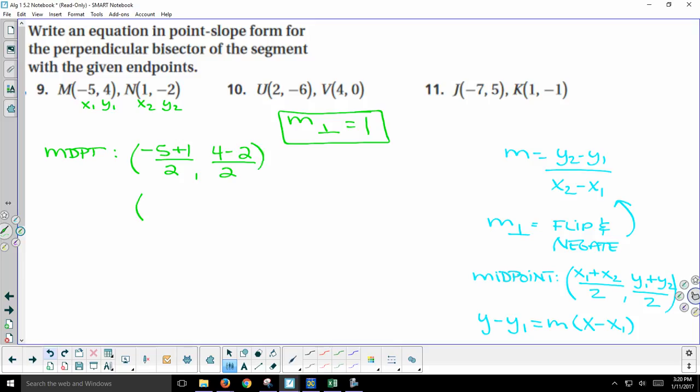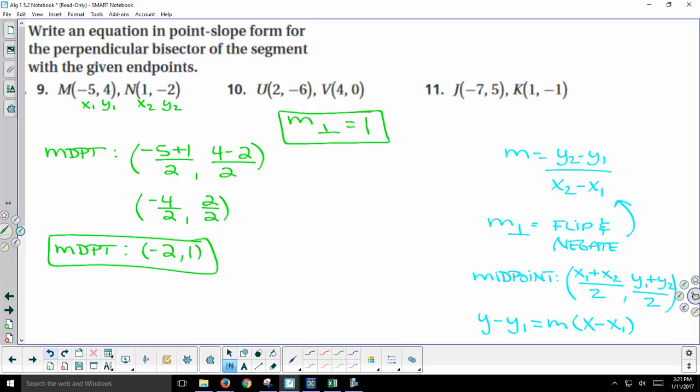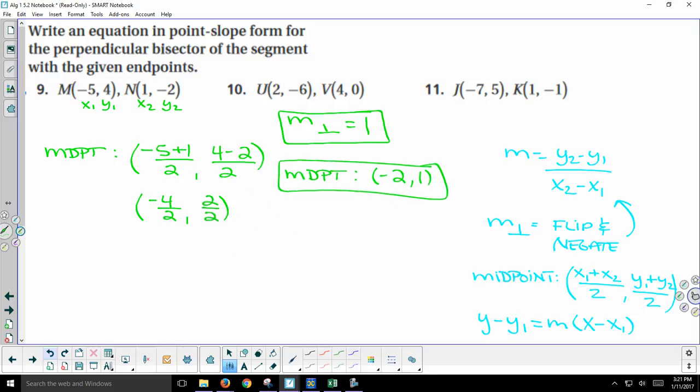My midpoint happens at negative 4 over 2, comma, 2 over 2. So my midpoint happens at negative 2, comma 1. I'm going to set that aside and erase all of this. If I'm going too fast, don't forget you have the option to pause and replay.